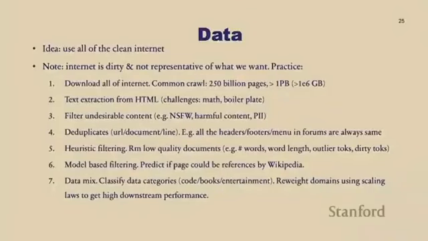Next one, you will try to classify your data into different domains. You will say, okay, this is entertainment, this is books, this is code, these types of domains. And then you will try to either upweight or downweight some of the domains. For example, you might see that if you train more on code, then your model becomes better on reasoning. That's something that people usually say in a very hand-wavy way: if you train your model more on code, it helps reasoning.